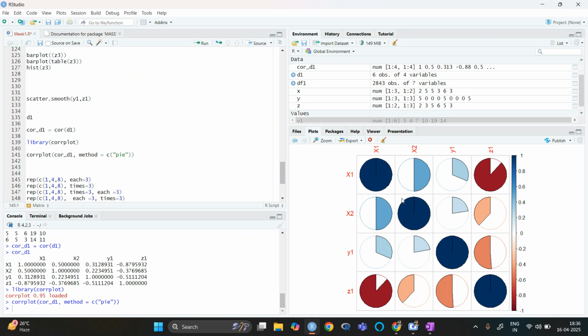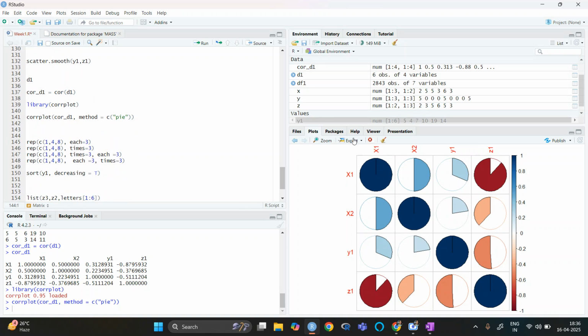I have given pie, so that is why it is showing in the pie form, that for all with itself its correlation is 1, and with other this one is 0.5, this is less than 0.5. You can see that this one is negative, here it is minus 0.87. Now this is 0.5, this is 0.22, this one is minus 0.37. So you can have all these plots.